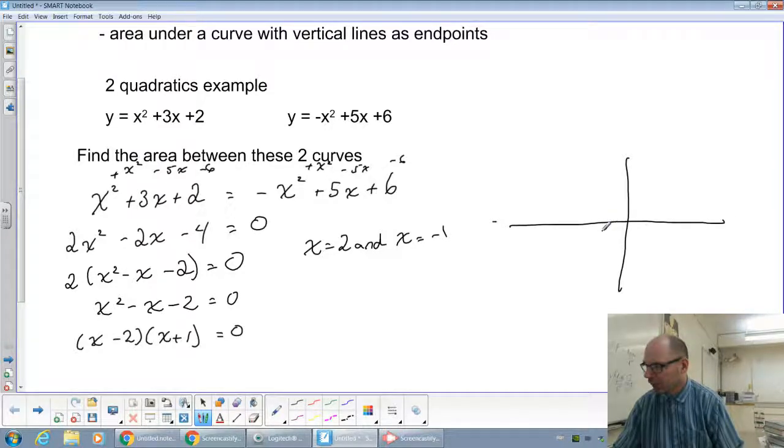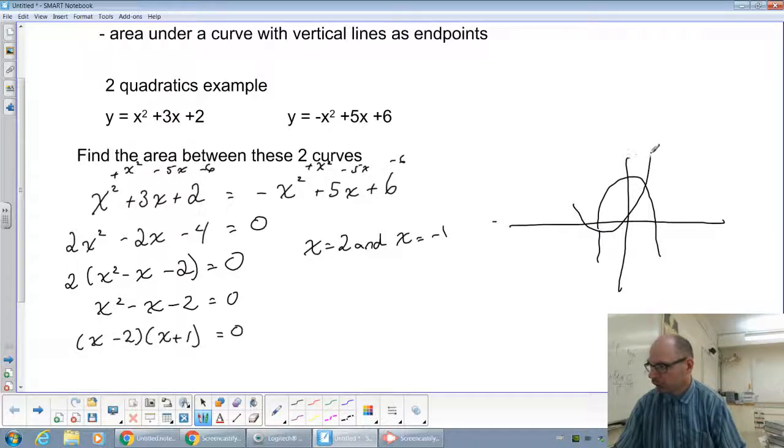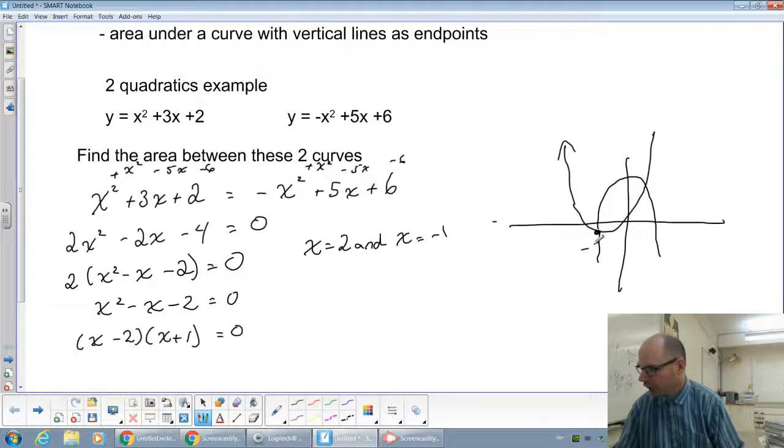Okay, so you're going to end up having kind of one like this, and then one like this. Right, and this is negative 1.